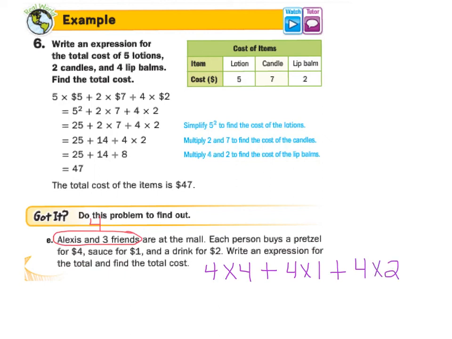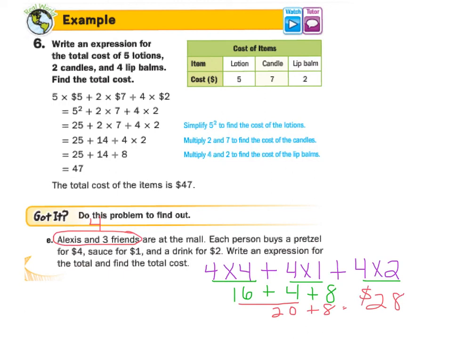So to find the total cost then, we would do our multiplications first. So we get 16 plus our 4 plus the 8, and then we could add them together. 16 plus 4 is 20, plus 8 equals $28 that we spent.